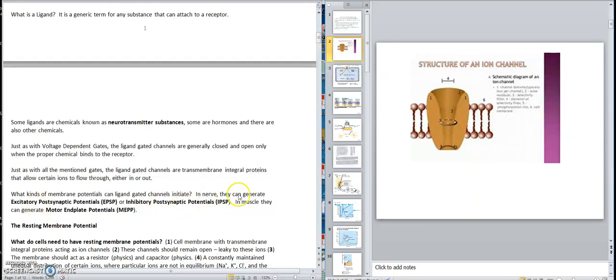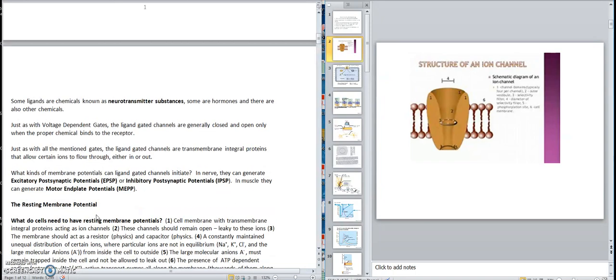If it's a nerve cell, they give an EPSP, excitatory postsynaptic potential, or an inhibitory postsynaptic potential. We'll talk about that later. If it's a muscle cell, they give what we call a motor end plate potential. We'll talk about that later. So this is where we've gotten to now.